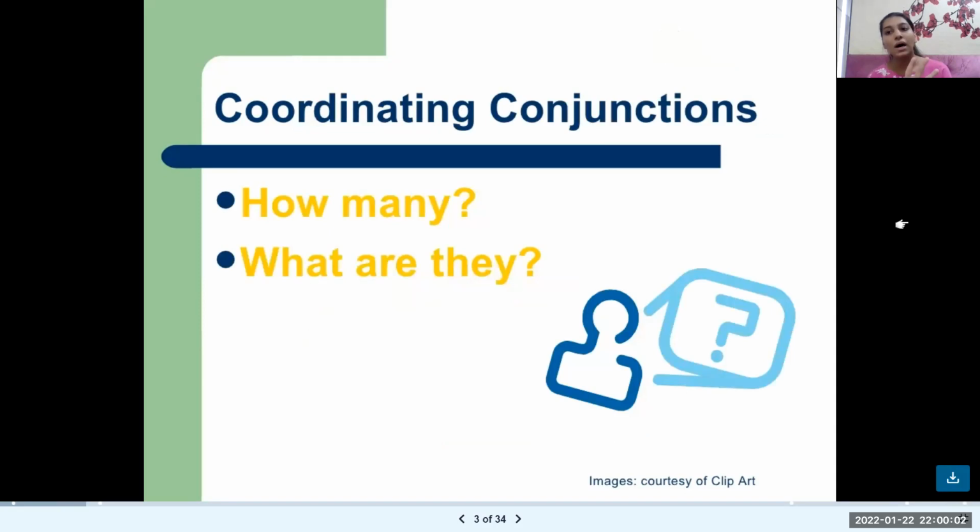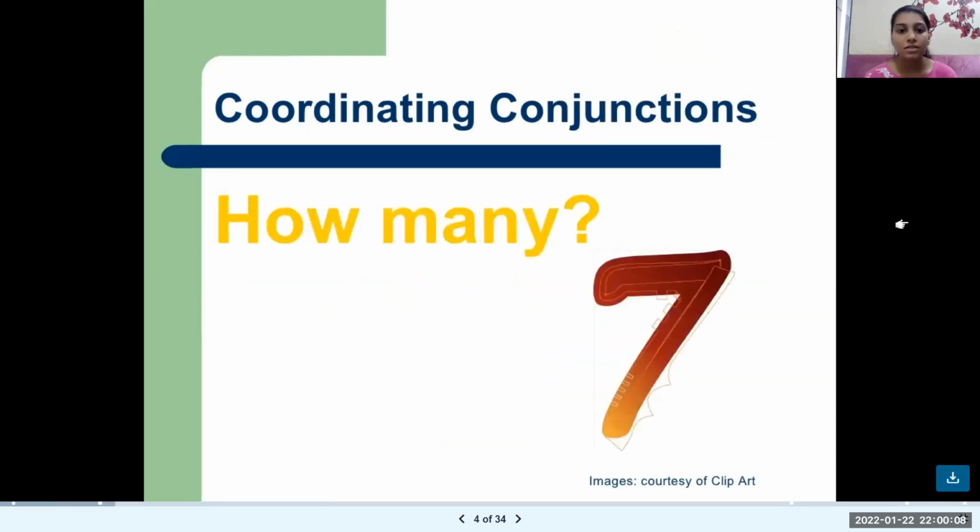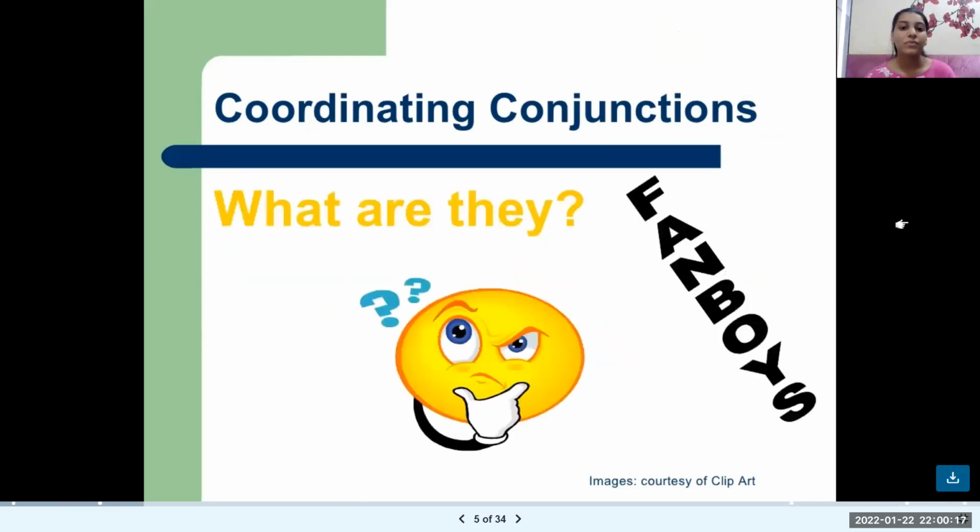In this part, we'll see how many coordinating conjunctions there are and what they are. Okay, let's go. So first question, how many coordinating conjunctions are there? There are 7. And let us see what those 7 are. You must be wondering what they are, right?